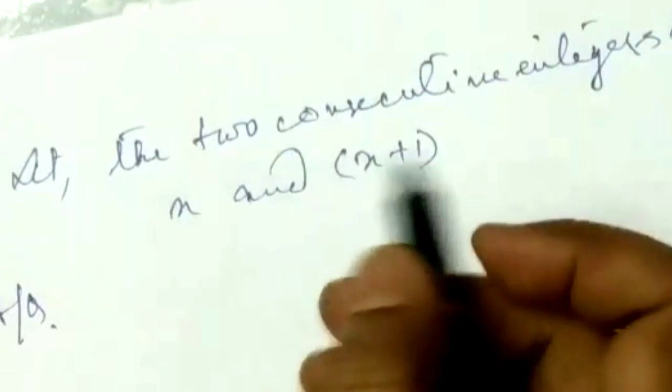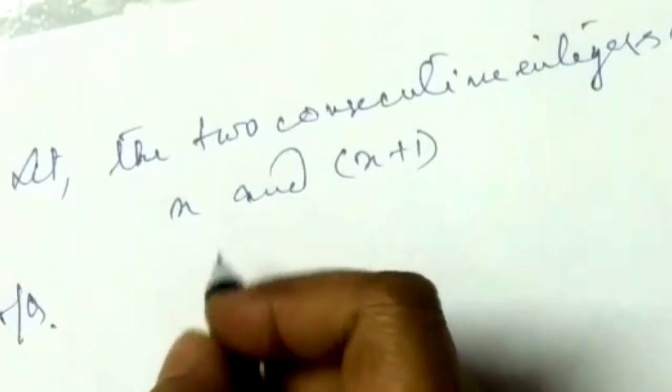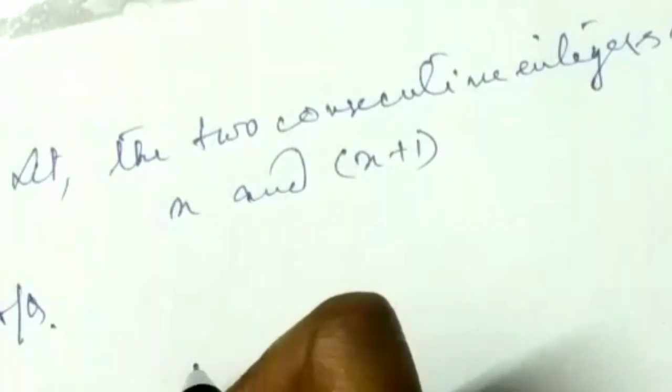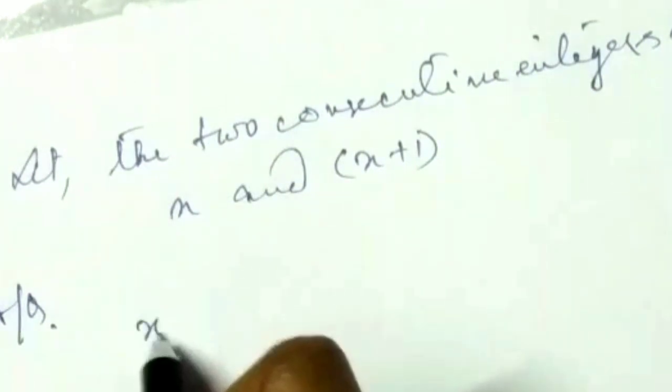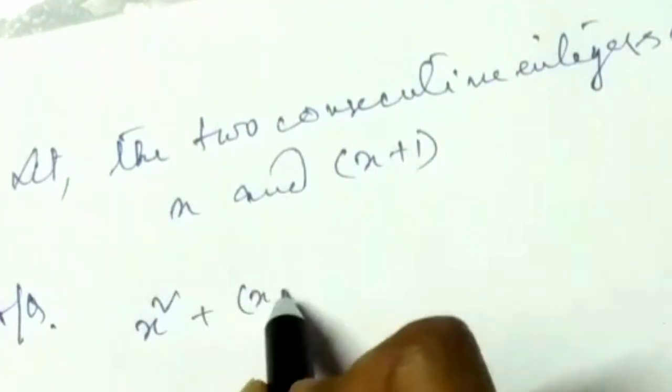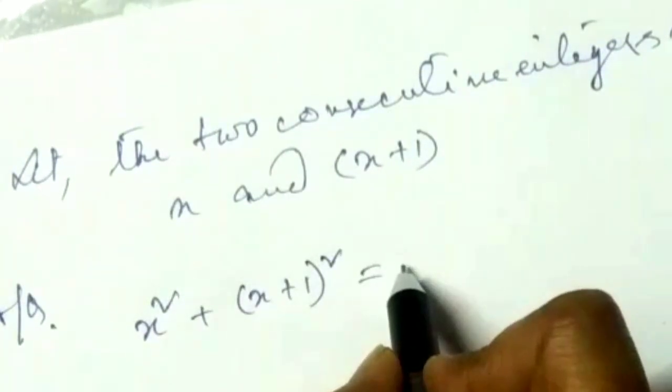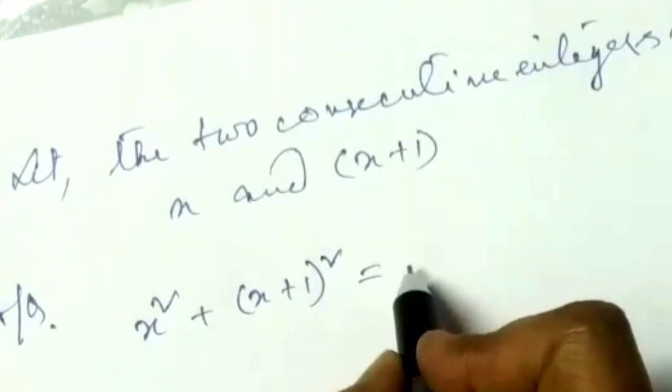According to the question, you need to make the squares of the numbers equal to 365.